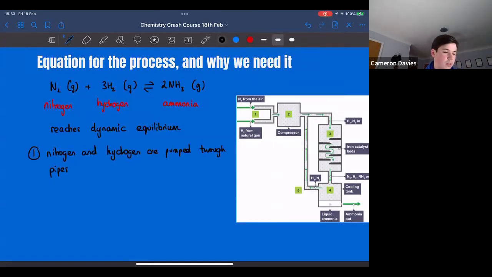Nitrogen is from the air, so it can just be extracted because it makes up most of the air. And hydrogen is obtained from natural gas.